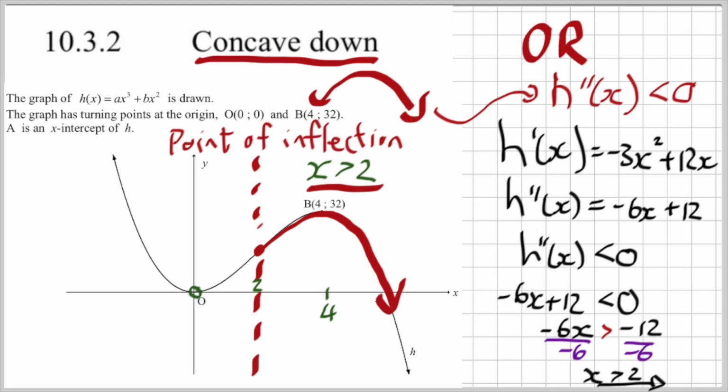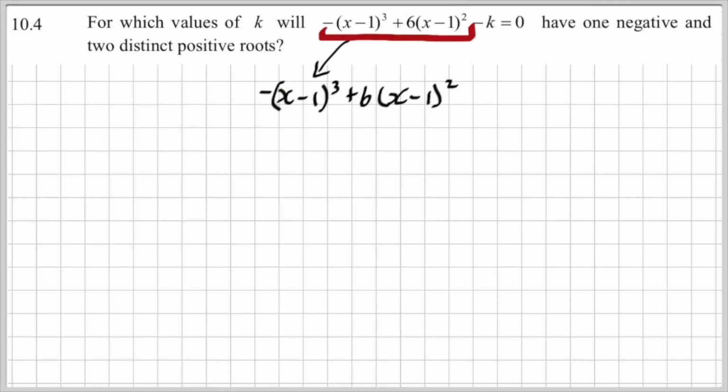Let's go and have a look at 10.4. Now 10.4 was an absolute beauty. What I did first of all is I analyzed this equation and I removed that first part of it simply because it reminds me of h of x, okay?